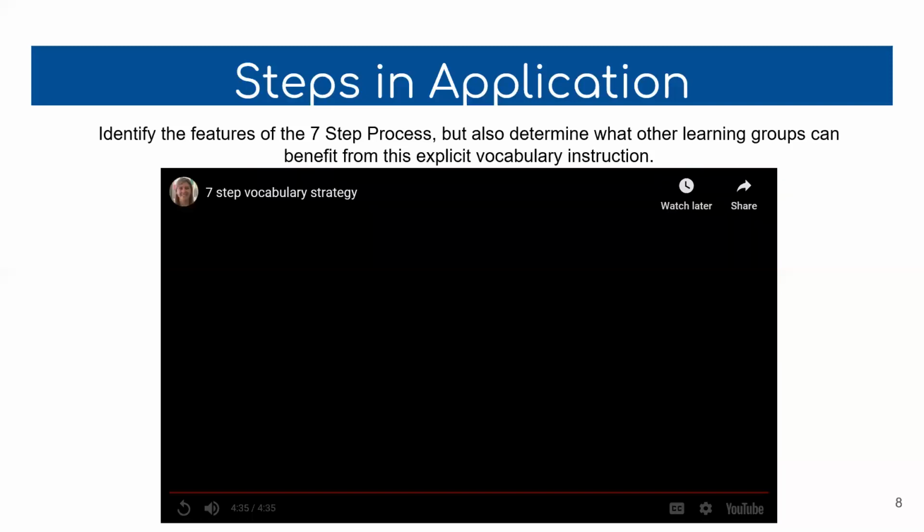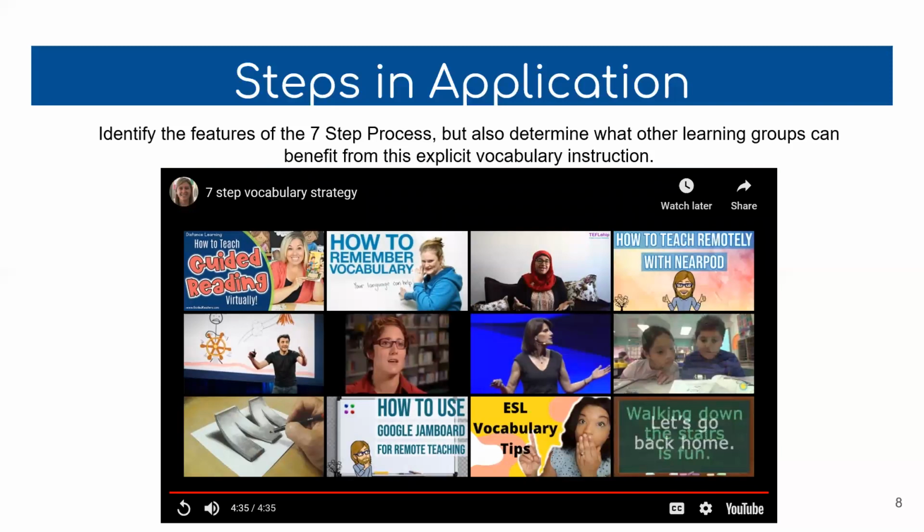So now let's talk about the 7 features that this teacher brought out about the word bored. Bored, B-O-R-E-D. She allowed the students to get familiar with the word with a lot of repetition of the word bored.